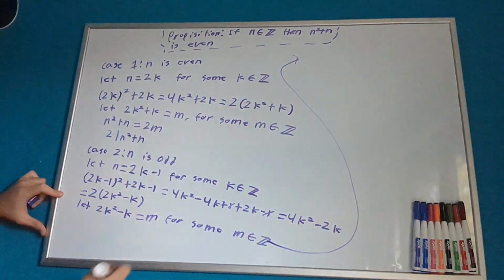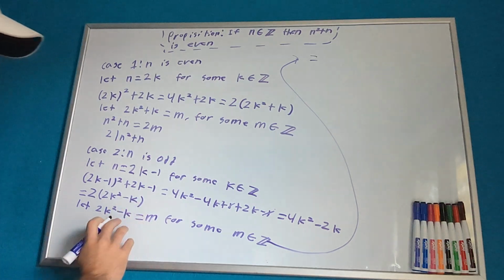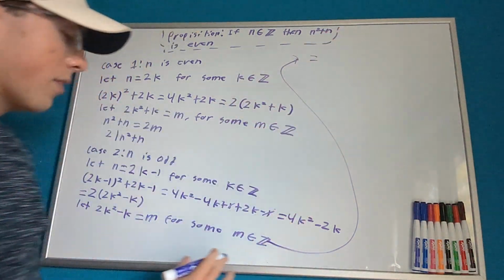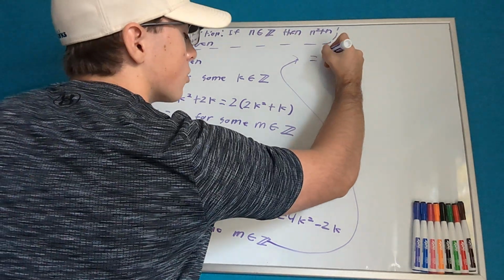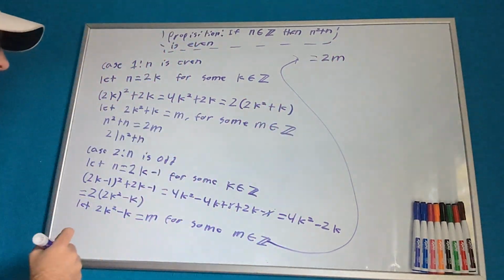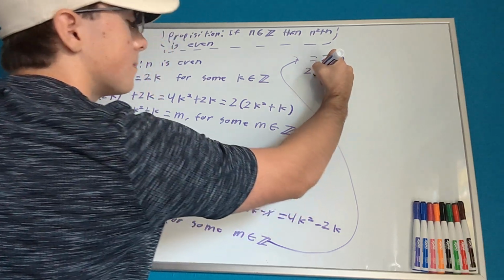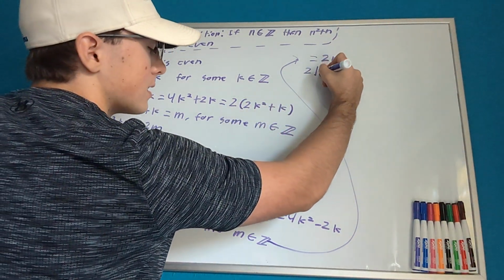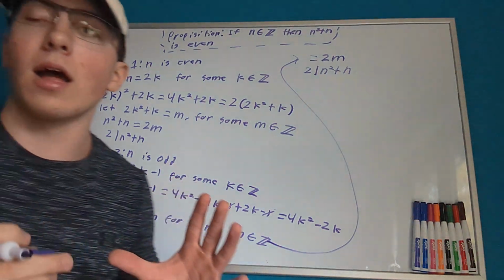And that means that this up here will equal 2 times m, equals 2m. Therefore, 2 divides n squared plus n when n is odd.